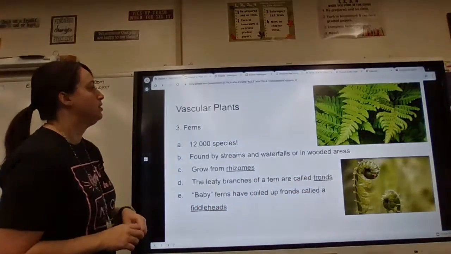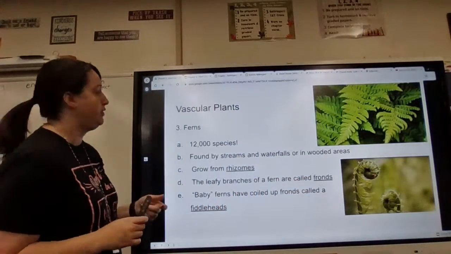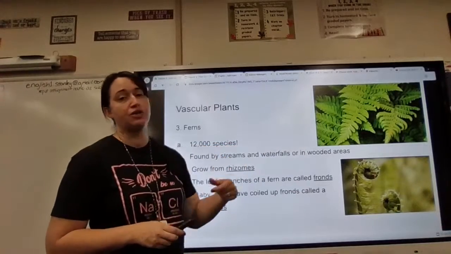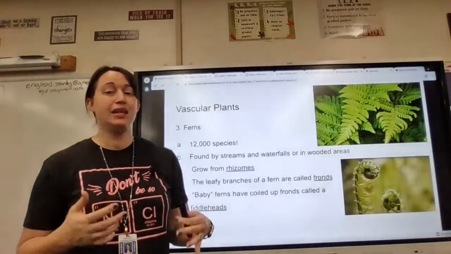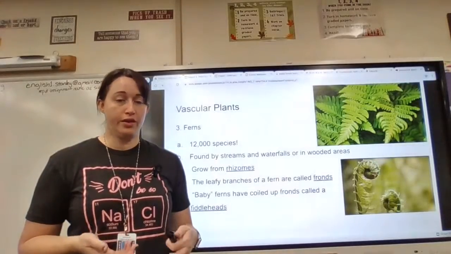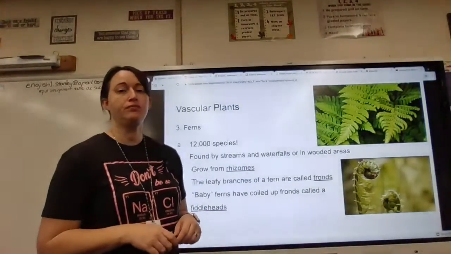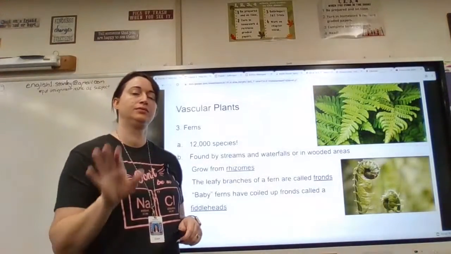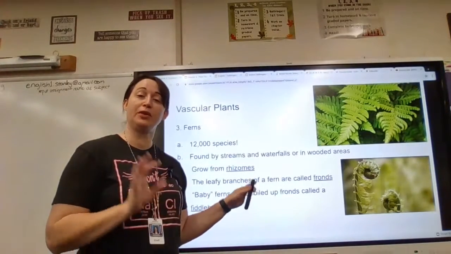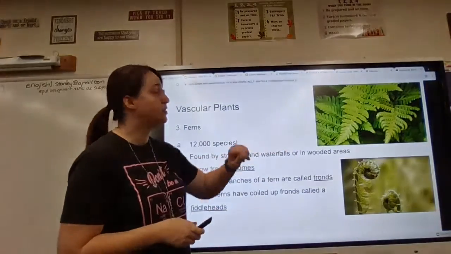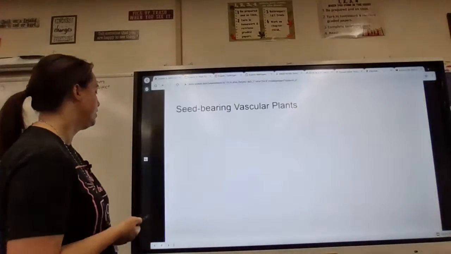You're probably more familiar with a violin than a fiddle. Now, ferns are actually one of those plants that can get much, much larger than the others that we talked about. Let me back that up. Ferns can get very large.